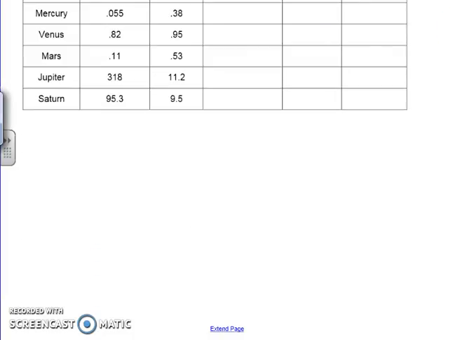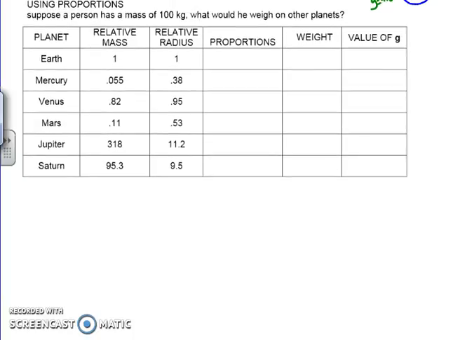Okay, now here's a neat application we can use with the idea of proportionality. We can apply it to all the other planets of the solar system, and if we know how big they are in terms of mass relative to the Earth and their size relative to the Earth, we can figure out what the pull of gravity will be on that planet. So here is the idea. If we've got some planet right here, which is called planet X, and we have, again, a person standing on it, or an object on it.